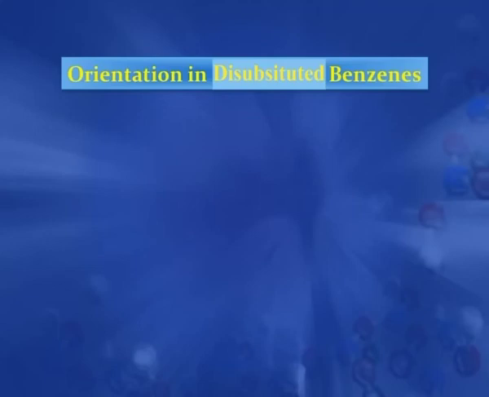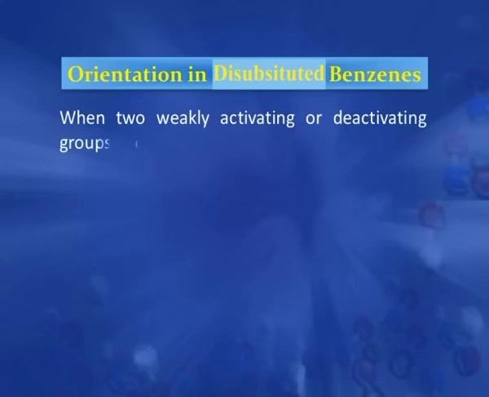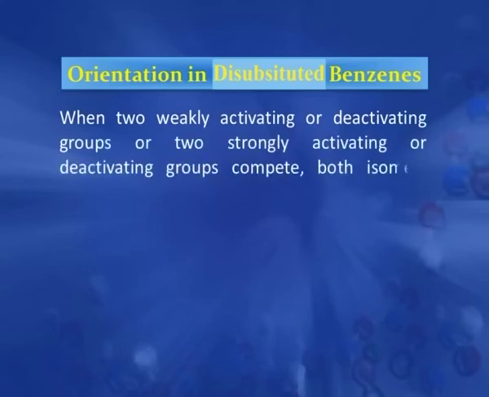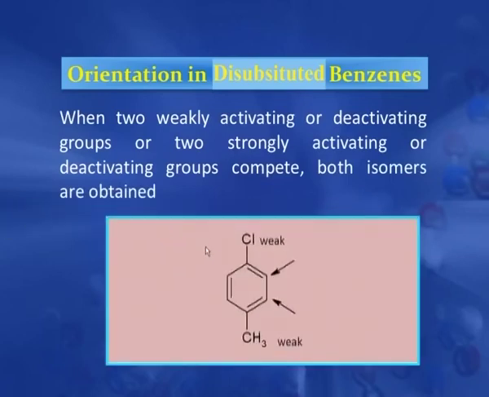Now, the fourth case, when two weakly activating or deactivating groups or two strongly activating or deactivating groups compete, then both the isomers are formed. Means when two groups present are of the same nature, for example, chlorine and methyl, this is weakly deactivating, this is weakly activating, but both are ortho and para directors.